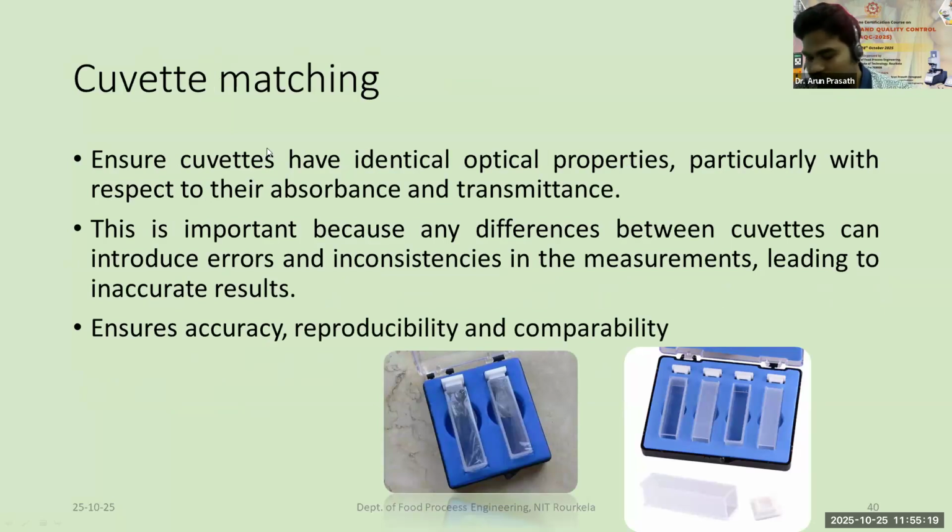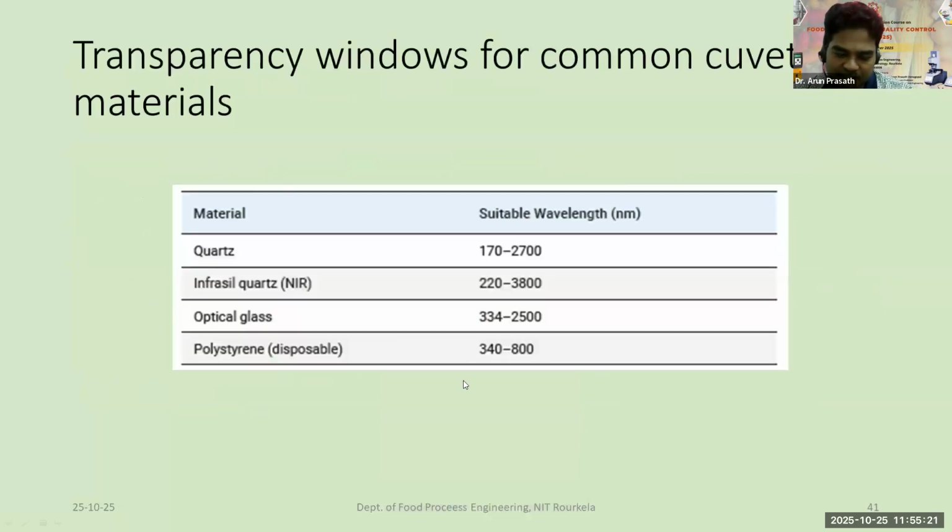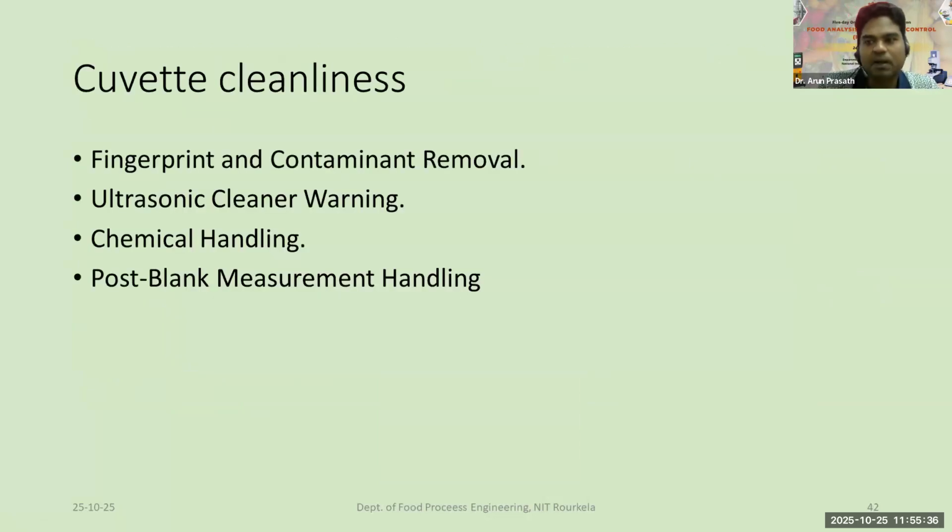Different materials are used: quartz, optical glass, and polystyrene cuvettes, each suitable for a particular wavelength. The only requirement is that it should have minimum absorbance. And the cuvette cleanliness is very important in measurement.